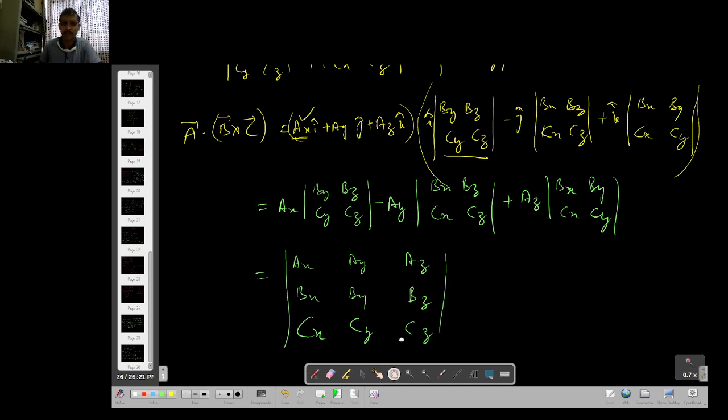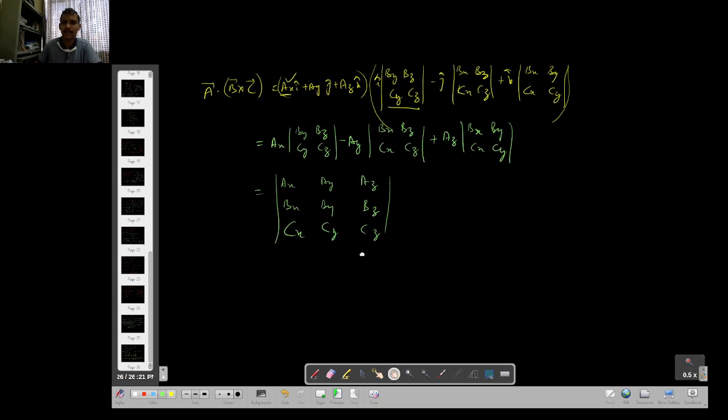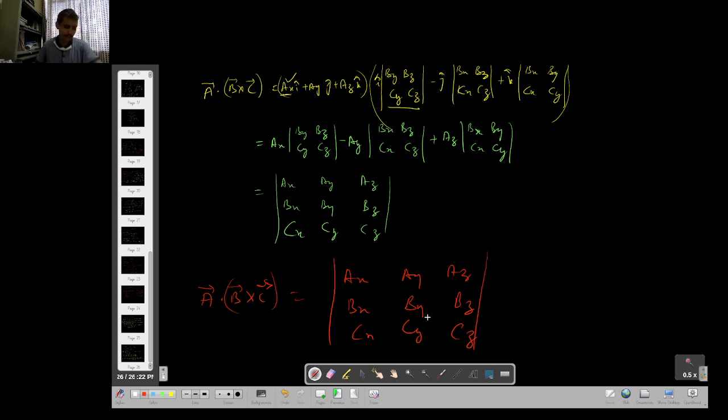So thus we conclude from here that A dot B cross C can be written as the determinant ax ay az; bx by bz; cx cy and cz. So this is it, right?